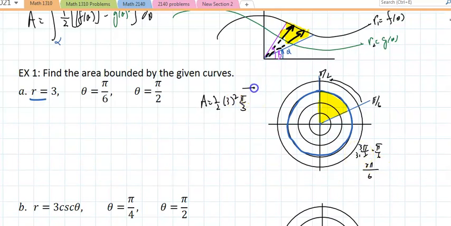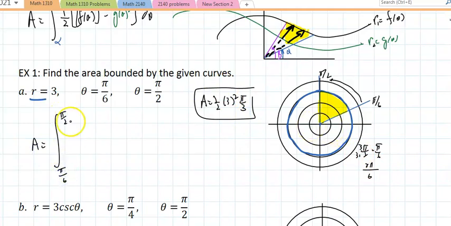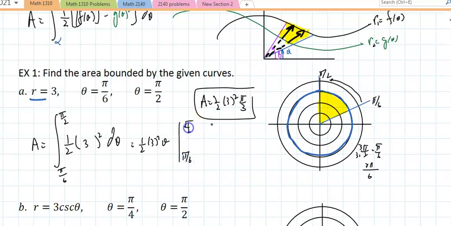And that would be my area, or I could say area equals the integral, start with pi over 6, and at pi over 2 of 1/2 r squared d theta. And as you see, this is going to be 1/2 times 3 squared times theta evaluated from pi over 6 to pi over 2, which is literally that. So if it's that simple, you really don't need calculus.